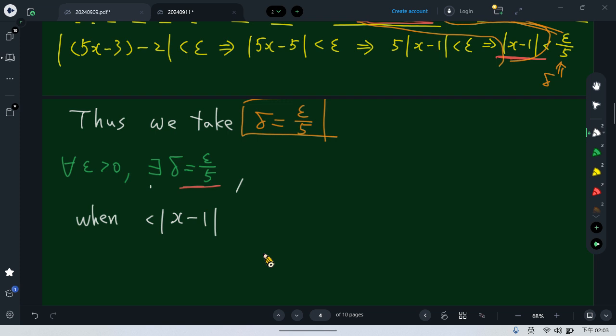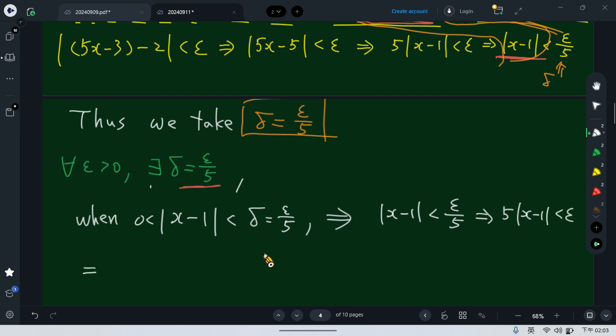is less than the delta, which is epsilon over 5, then we can get this one, then we can get this one, then we can see the absolute value of 5x minus 5 is less than epsilon.